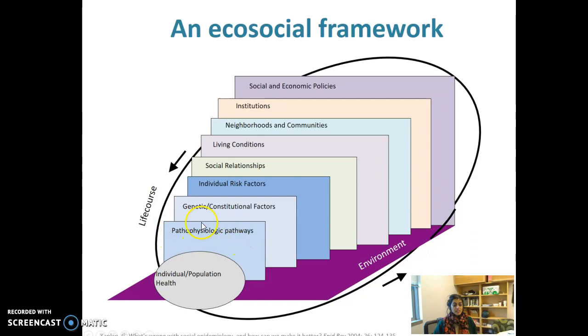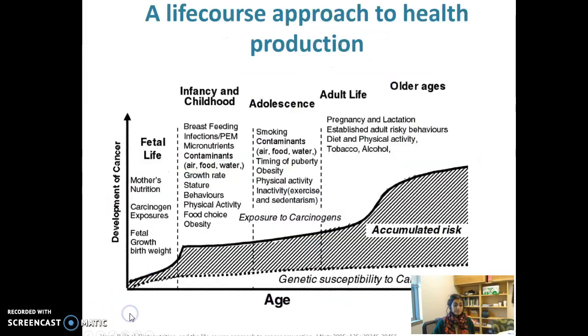So this disease process and pathophysiologic pathway is also part of this eco-social framework, and again, individual population health is affected by the environment very much and the life course. So sort of the outer environment of our society and our living space, and the smaller environment before we're born, which is gestation.